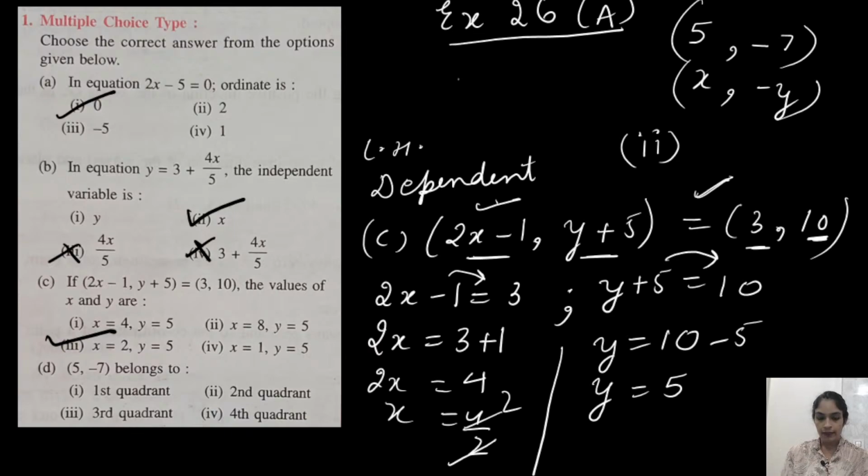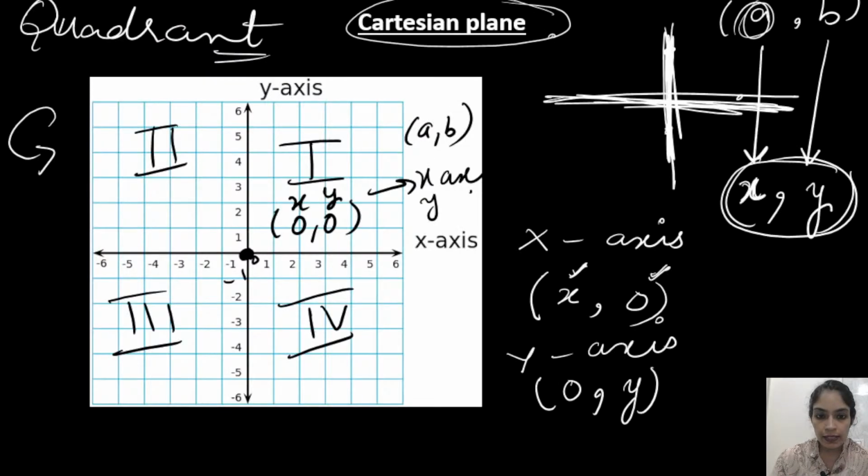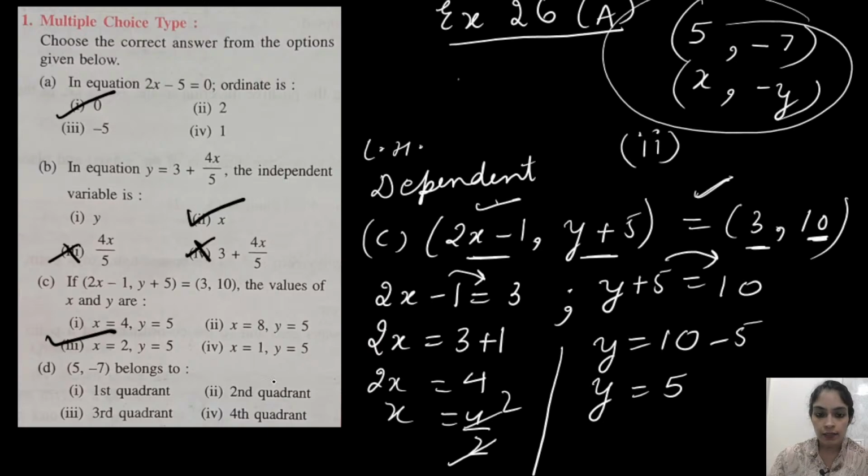So in which quadrant? Fourth quadrant. Yes, so it belongs to the fourth quadrant. I can show you here: x is positive and y is negative, so this was in the fourth quadrant. So in the fourth quadrant, x is positive and y's value is negative. That means the fourth quadrant is the correct answer. Fourth option. Let's do the next one.